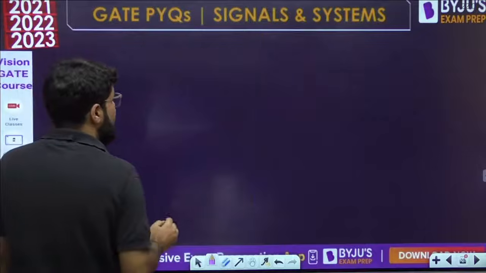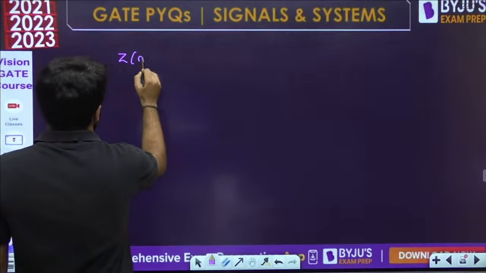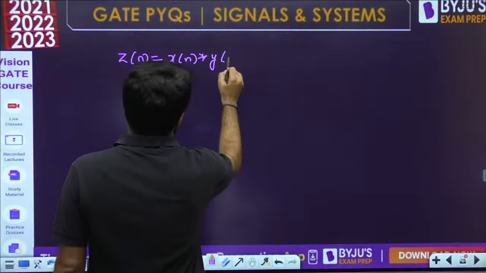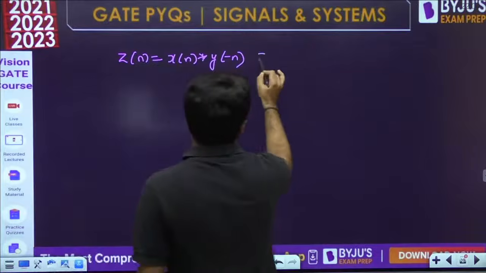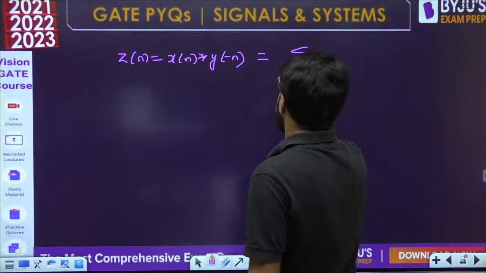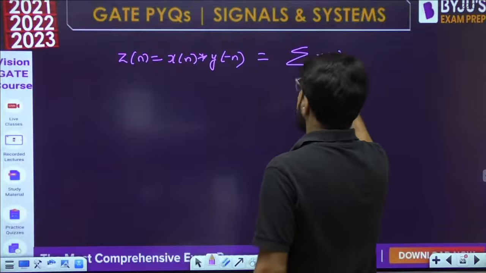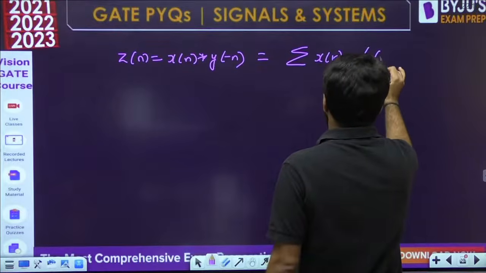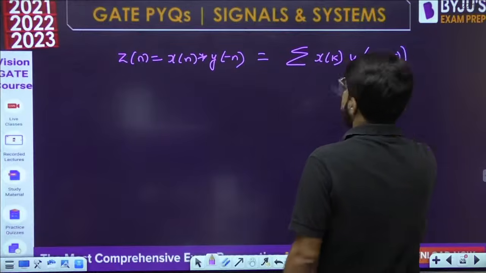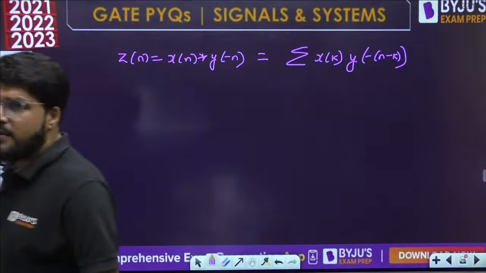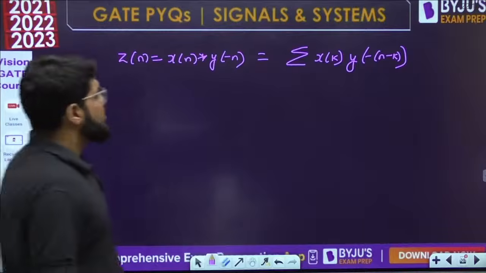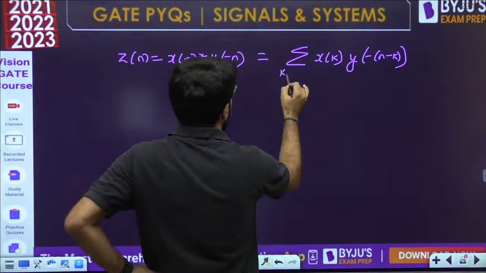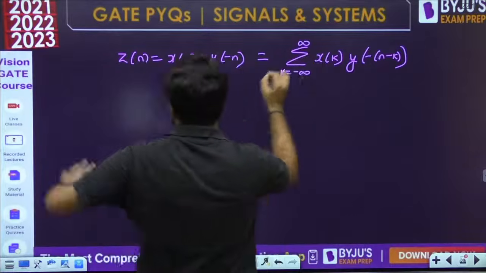Now what is z[n]? It is given by x[n] convolved with y[-n], and the convolution formula should be written as the summation of x[k] y[n-k], where n is replaced by n-k. So the summation of x[k] y[-(n-k)] for all k from minus infinity to infinity.